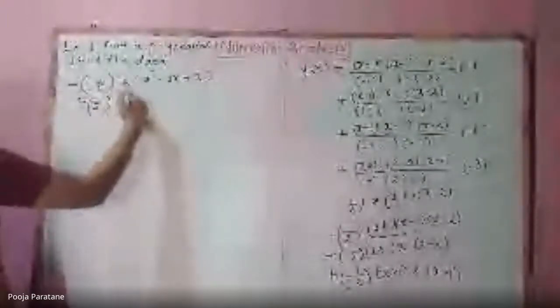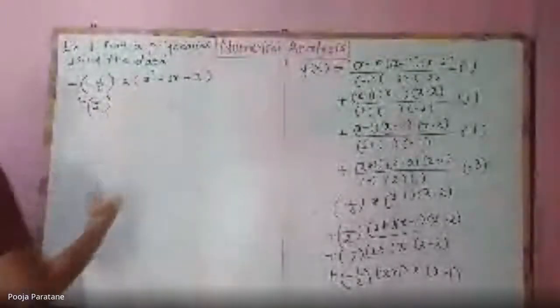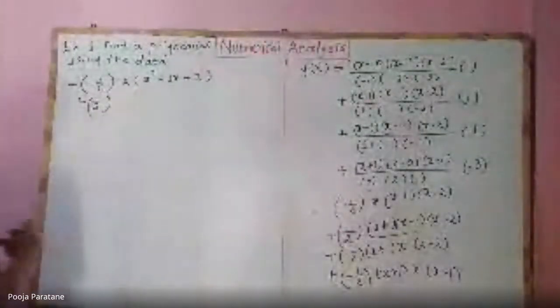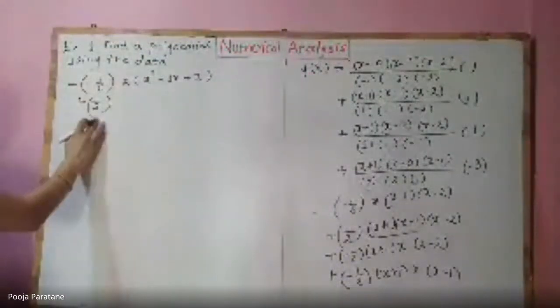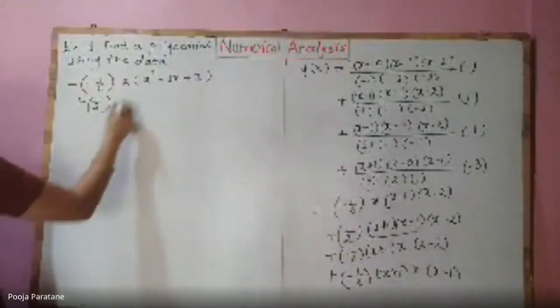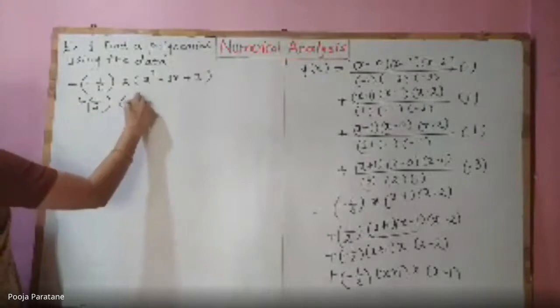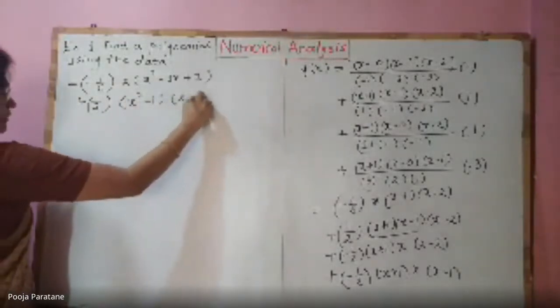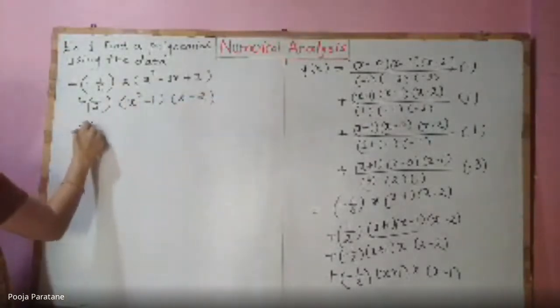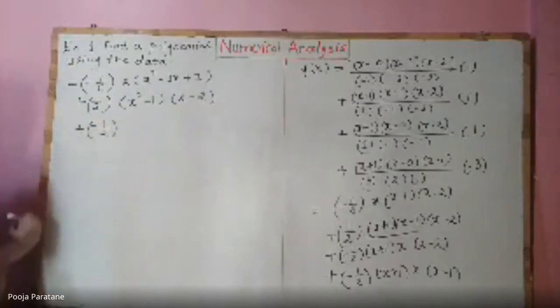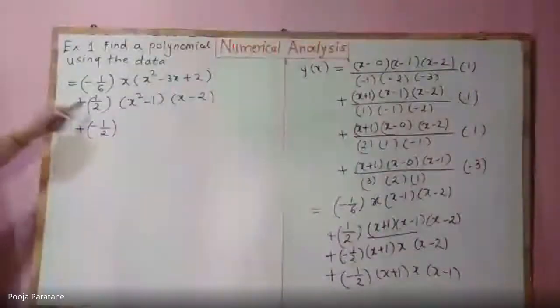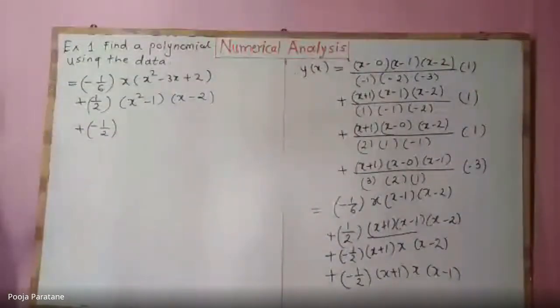Plus 1 upon 2, and compulsorily write it one by one on the next line. Do not write it on one line. It is very easy to collect the coefficients. Then here it is x square minus 1 into x minus 2 plus, see, I'm not opening this bracket, I'm keeping it as it is. It is safe for us.